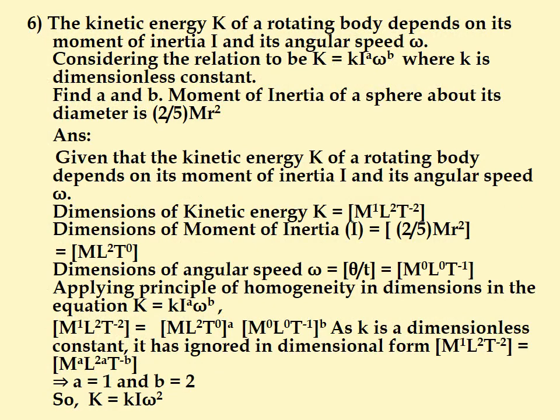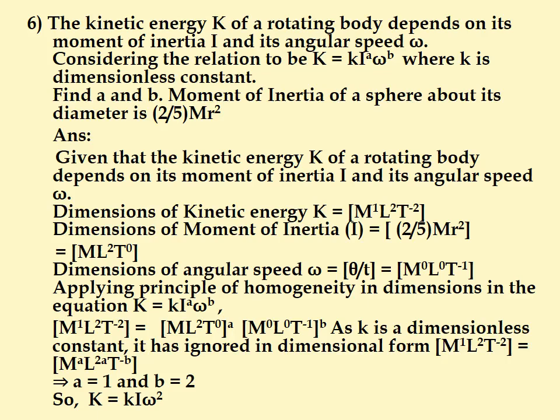Sixth question is, the kinetic energy K of a rotating body depends on its moment of inertia I and its angular speed omega. Consider the relation to be K is equal to k into I to the power of a omega to the power of b, where k is a dimensionless constant.